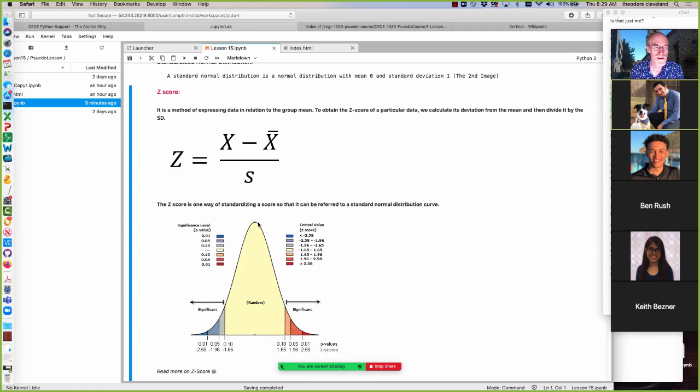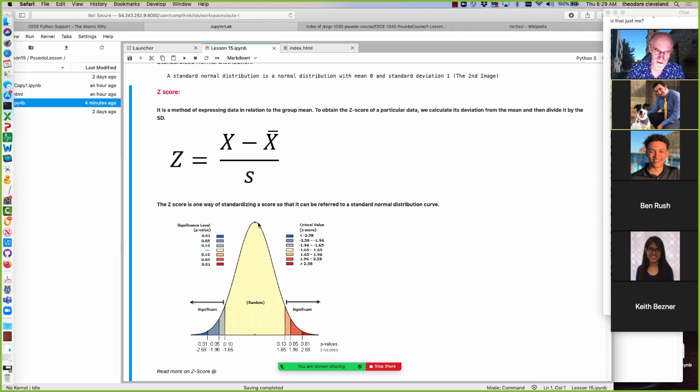So the z-score is a transformation that allows us to map real observations onto the standard normal distribution. To obtain a particular z-score, we simply take the value, we subtract off the population mean, or if we don't know it, the sample mean, and we divide that by the standard deviation.